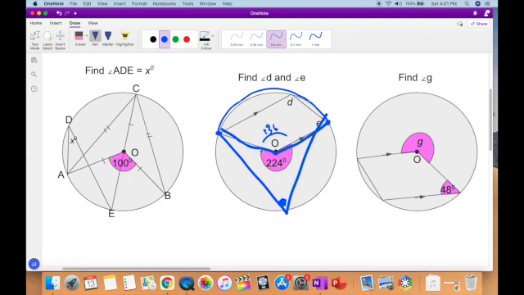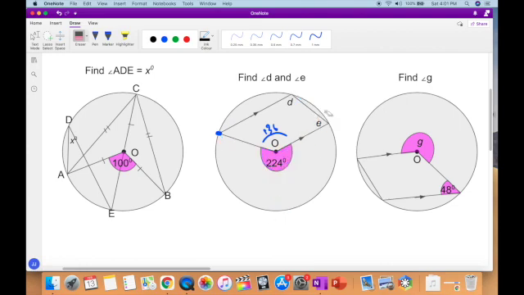But if this is 224, then D is coming from the same 2 points, so D is going to be a half of 224. We saw that in Theorem 3 with the yellow angle. Remember the yellow angle, Y in the middle?